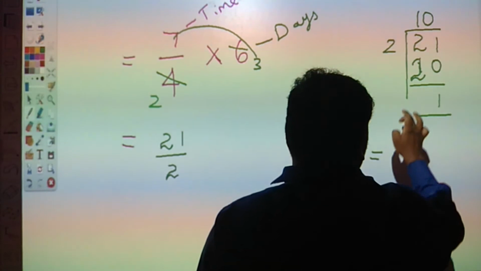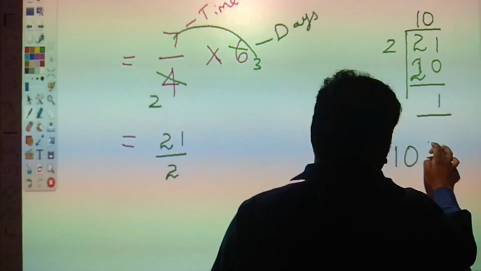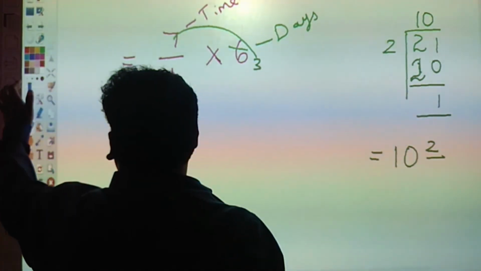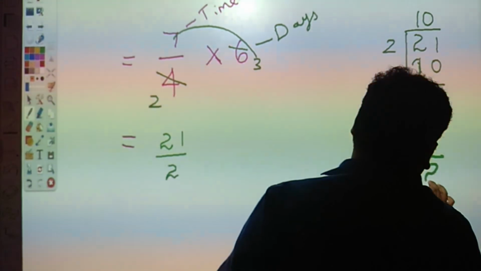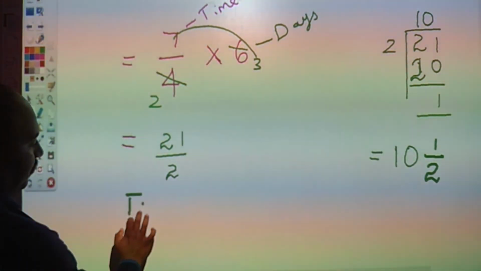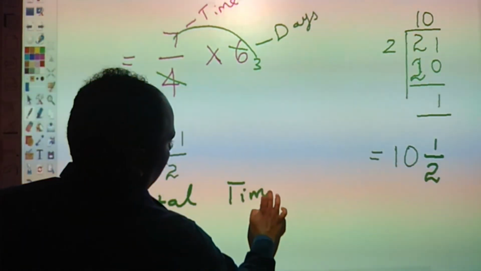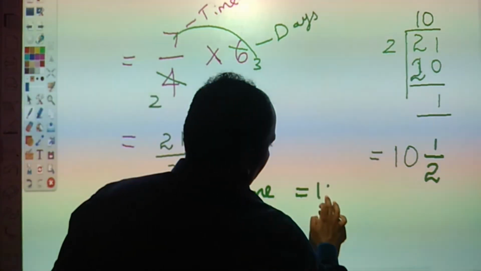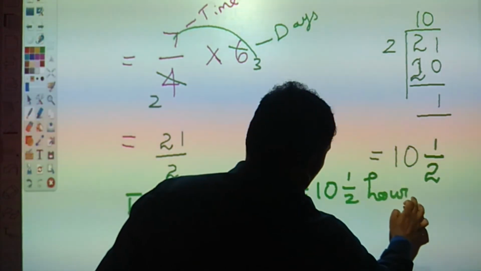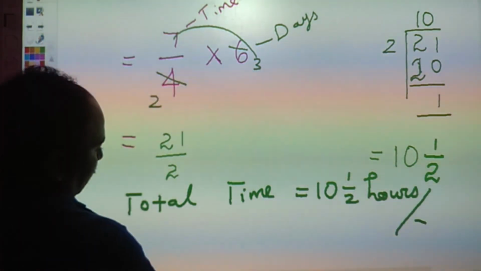So our mixed fraction is 10 into 1 by 2 hours. So total time is 10 into 1 by 2 hours.